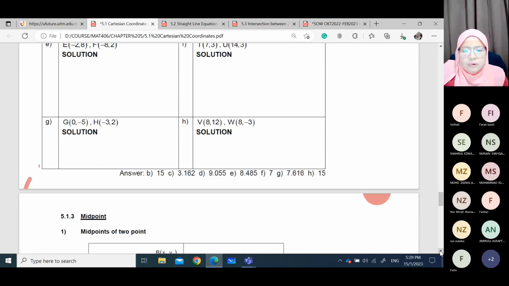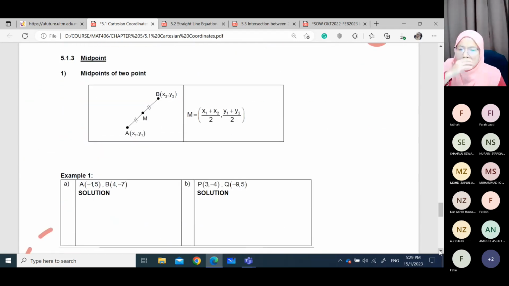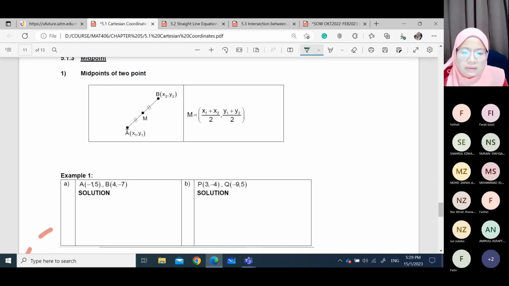Okay, so next kita tengok midpoint. So midpoint is titik tengah. So kita ada 2 points A and B. Now we want to find the midpoint between A and B. In order to find the midpoint between 2 points, we use this formula.